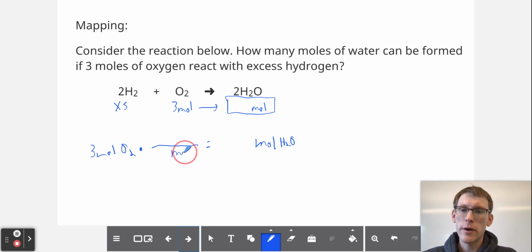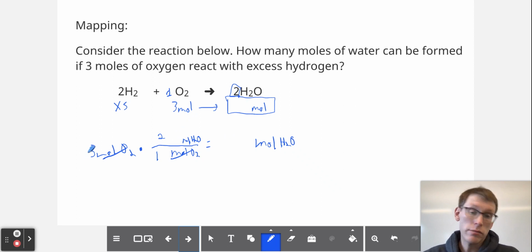Well, I know I need moles of O2 in the denominator so that it cancels with what there is in the numerator, and I know that I want moles of H2O in the numerator, because that's what I'm trying to find. And if I look at the chemical equation, I know that for every 2 moles of water, that's this 2 right here, I need 1 mole, there's an implicit 1 here, of oxygen. So simplifying, I have 3 times 2 is 6, divided by 1 is still 6, and we have 6 moles of water would be our answer.